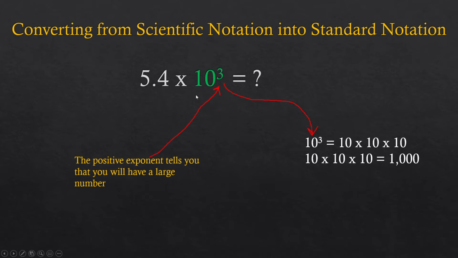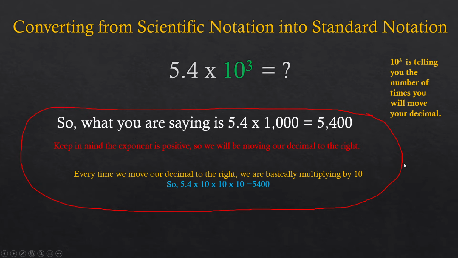Okay, so we have 5.4 times 10 to the third power. The positive exponent tells you that you will have a large number. 10 to the power of 3 means 10 times 10 times 10, which equals 1,000.